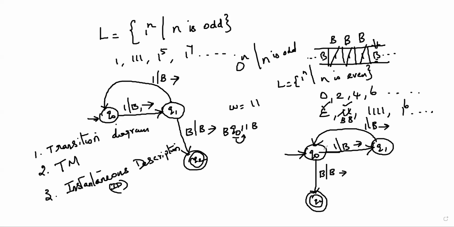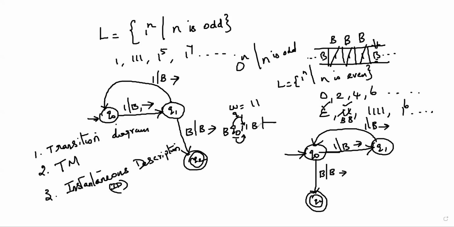What do I have to do? Change this 1 into blank space, and the state changes to Q1. And the direction is right, it's very simple. Right direction means one symbol ahead, so your Q0 should be placed here. How is it changed? The Q0 is changed to Q1 using this transition, and this 1 is also changed to blank space.